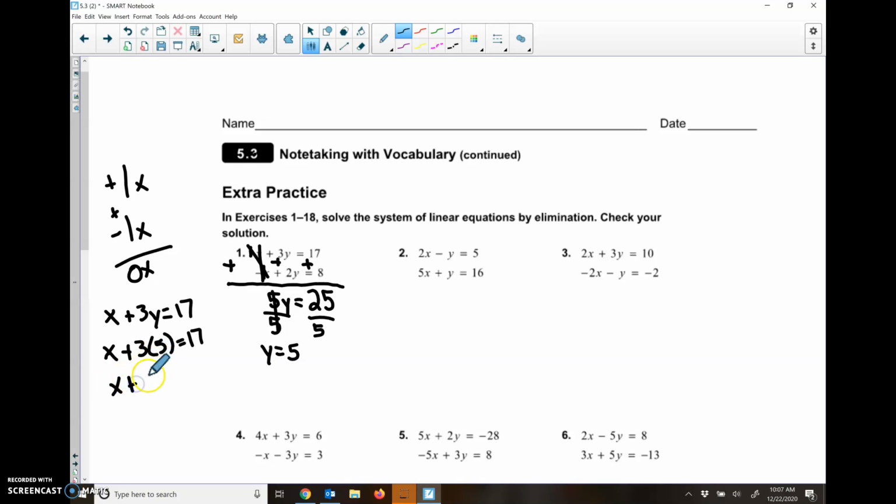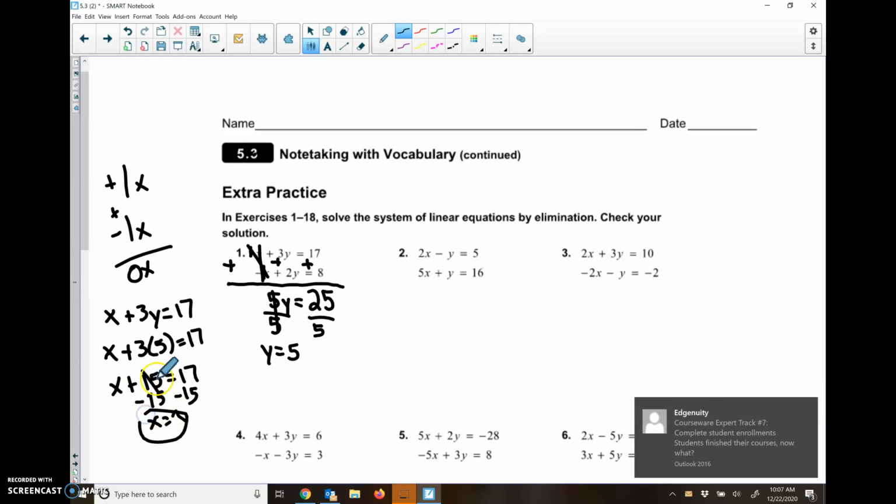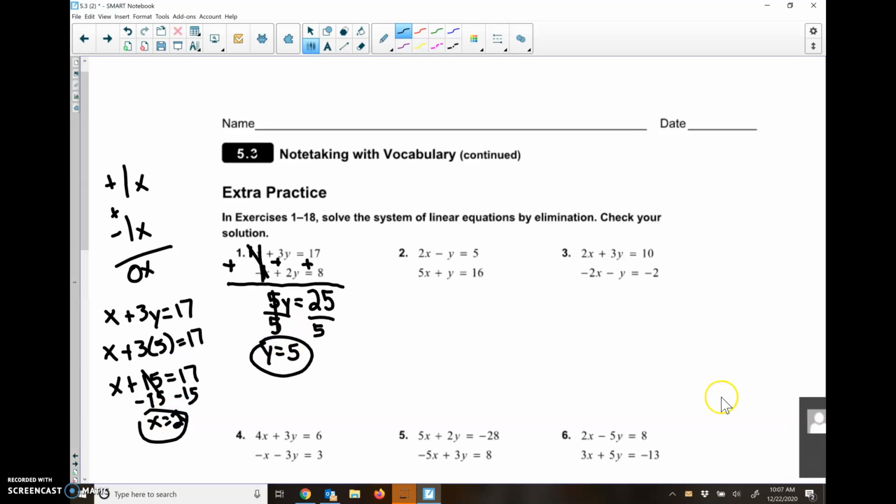So now I have x plus 15 equals 17. It's a plus 15, so I'm going to subtract 15 from each side, and I figured out that x equals 2. So now I have a problem where x equals 2 and y equals 5. Again, I don't think that's as much work as some of the other ones, so this is why I like elimination a lot better.